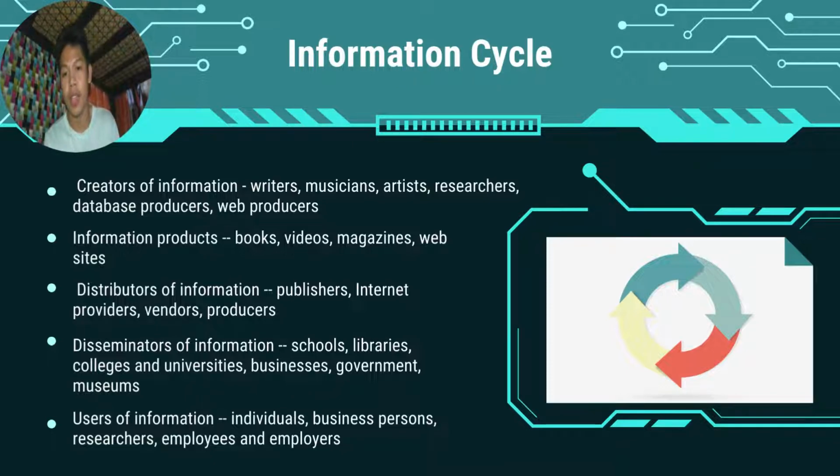And we have here distributors of information, which are the publishers, internet providers, vendors, and producers. The third one is the disseminators of information, which are the schools, libraries, colleges and universities, business, government, and museums. And we have here the users of information, which are the individuals, business persons, and researchers.